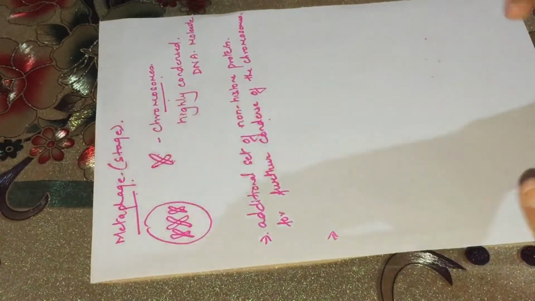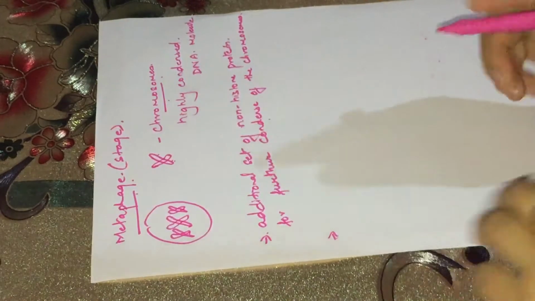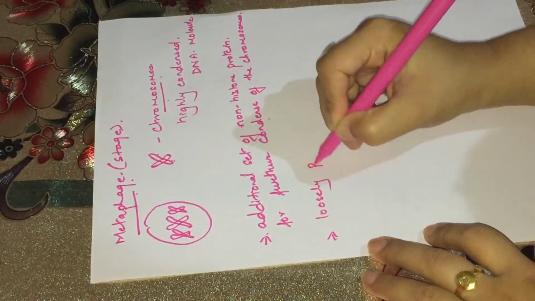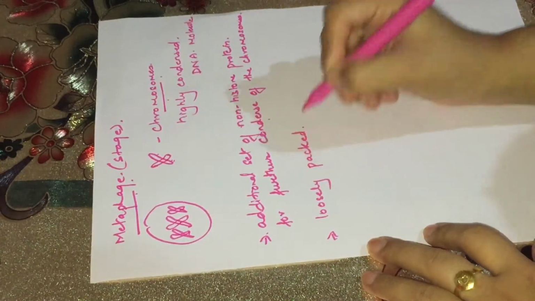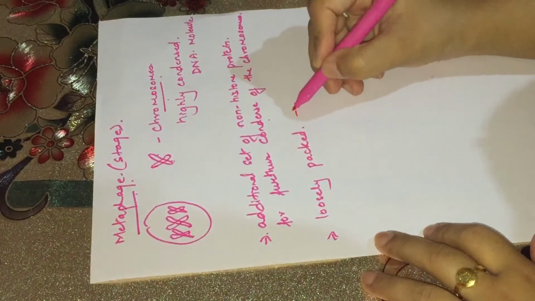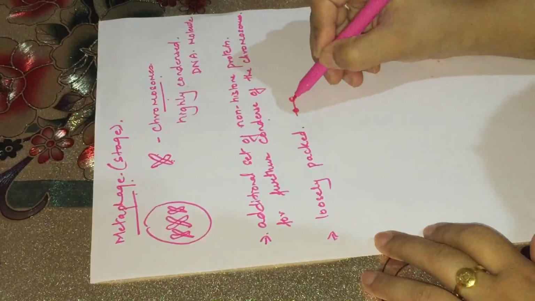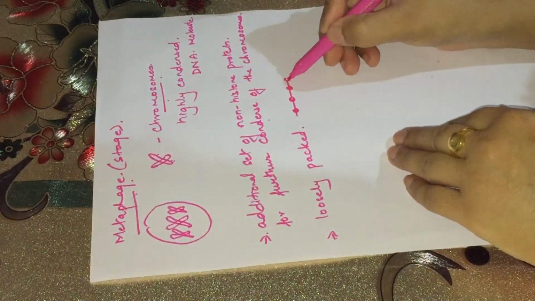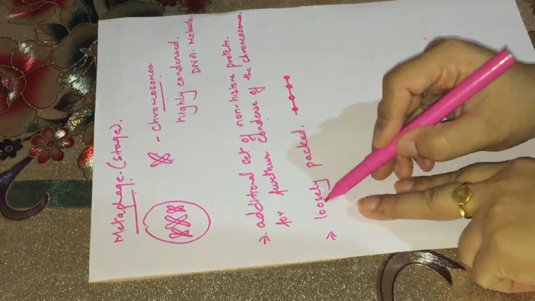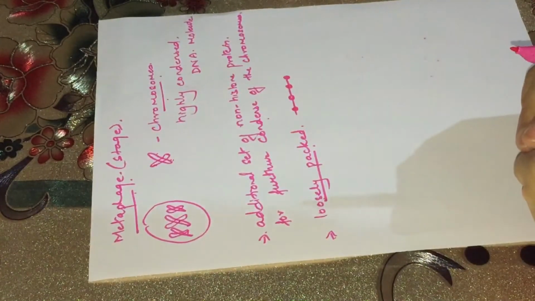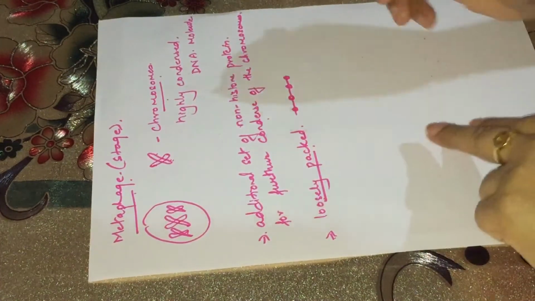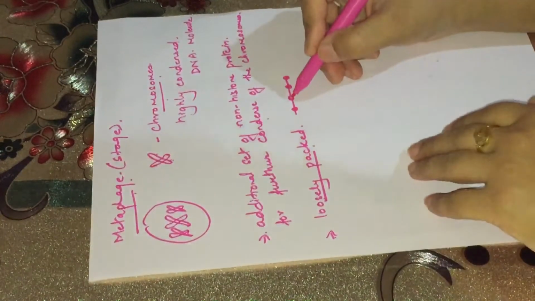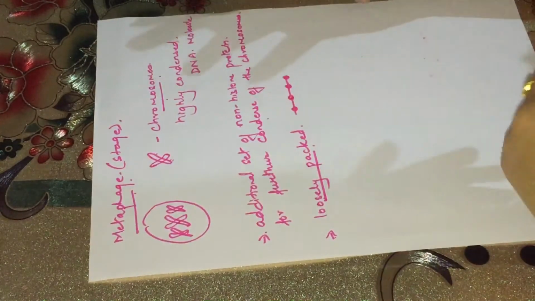we observe two types of parts. One is loosely packed, that means this beads on a string, they are loosely condensed chromatin, which gets lighter stain when we dye this chromosome. Stains are nothing but coloring substances.